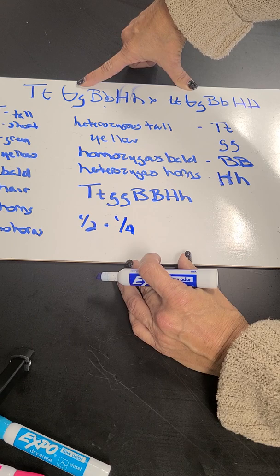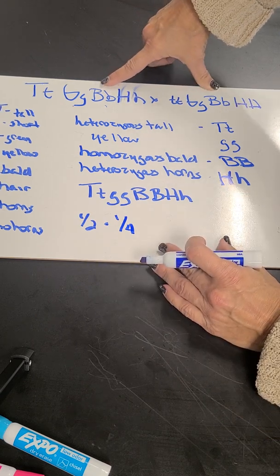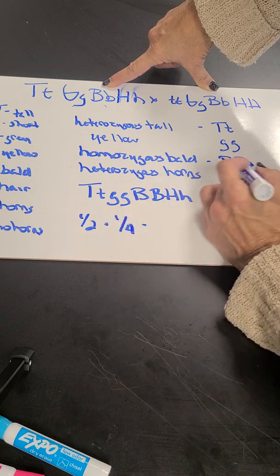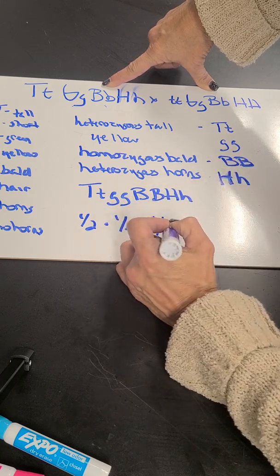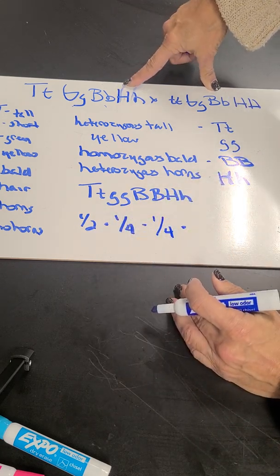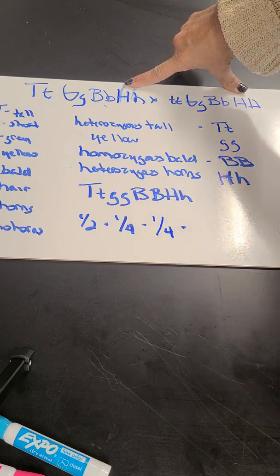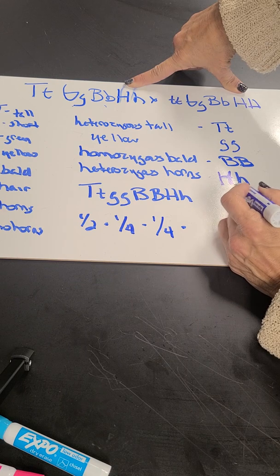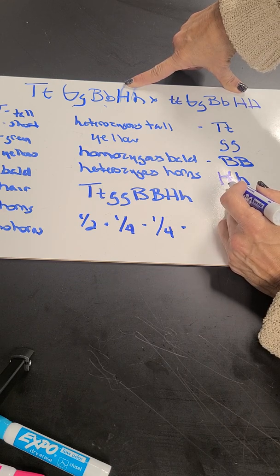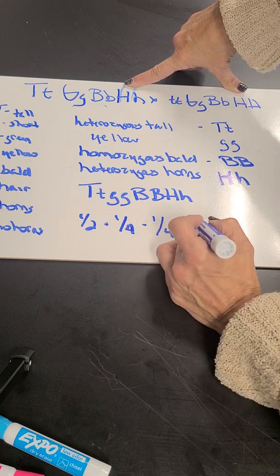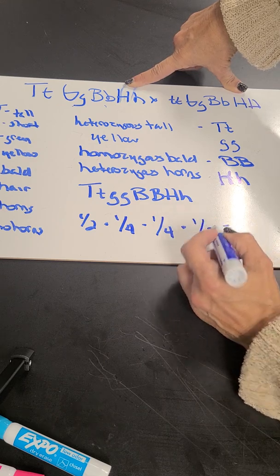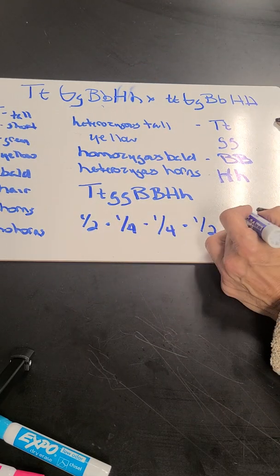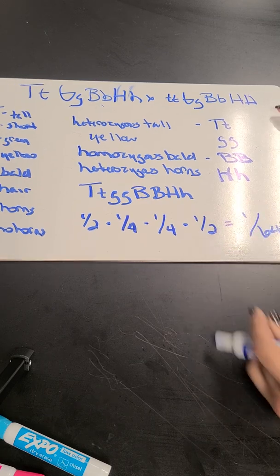Okay, heterozygous for both. Homozygous bald, okay, big B, little b crossed with big B, little b. So I want to know big B, big B, and that's going to be 1/4. And again, this is because I've done so many Punnett squares, I can do these small ones in my head. And so now in this case, big H, little h with big H, little h, that's going to be 1/2. And so my probability is, I think this was the last one we had, 1/64.